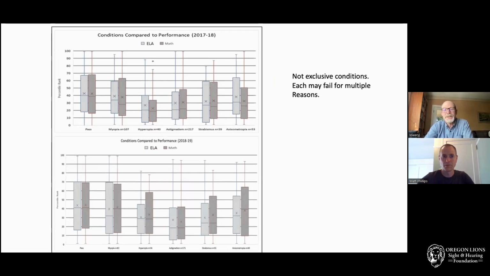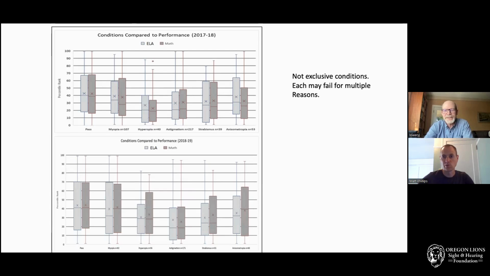And then when we looked at the individual conditions that are associated with performance, we see that the kids with hyperopia, those are the little farsighted kids, and the kids with astigmatism are the ones who score the lowest on the state tests. Wow. And this isn't super surprising, because it matches the previous research on these things.